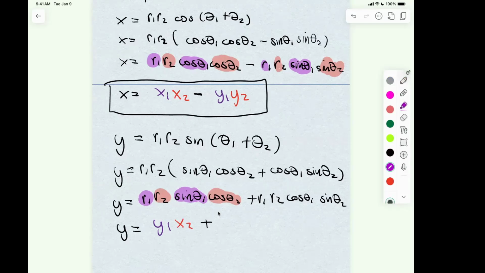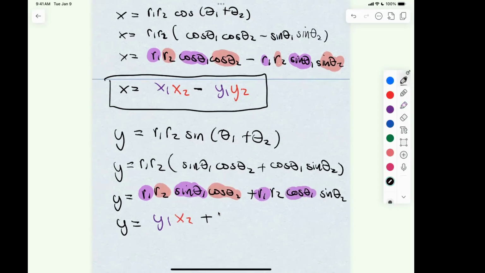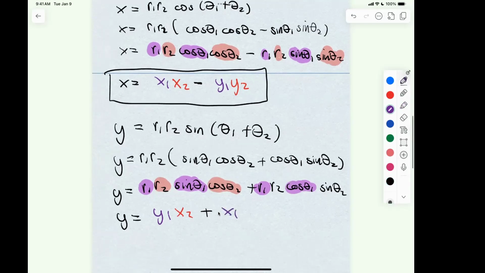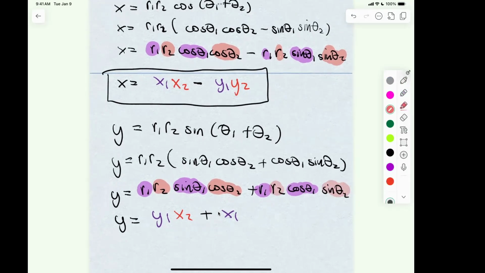What is R1 with cosine of theta1? That would be X1. And what is R2 sine of theta2? That would be Y2. And then again that gives you Y in terms of Y1, X2, X1, and Y2.